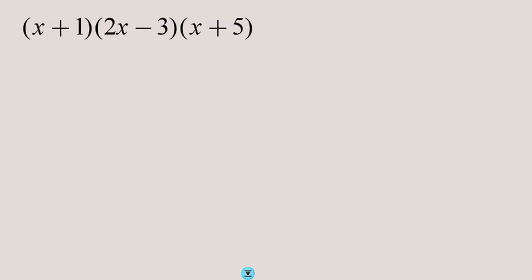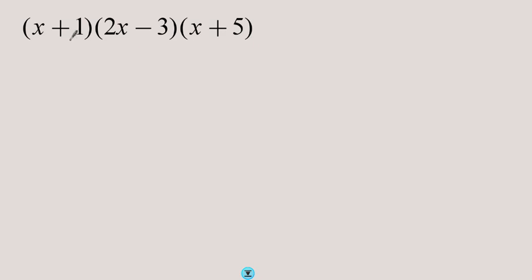Now, multiplying 3 brackets is a process that's done over 2 stages. You are advised to multiply 2 brackets first, and then multiply the third bracket by the product of the first 2. And you can choose any 2 brackets to multiply out first.